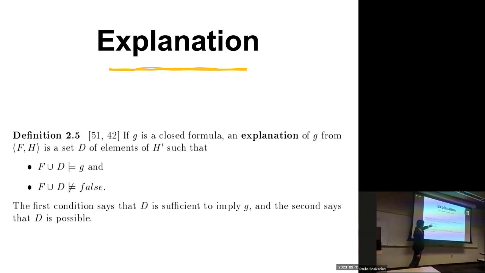So if you have G, which is your observation, an explanation of G is a set of elements of H prime, such that when you take the facts in union with them, you're going to entail G, and there's no inconsistency when those are unioned together. So that's already very straightforward. It follows everything else that we've talked about.